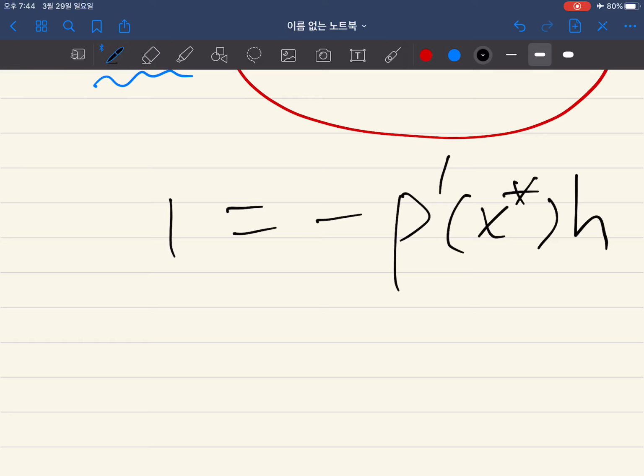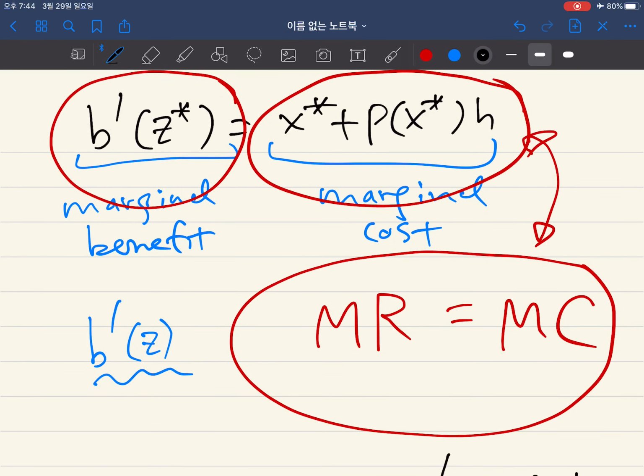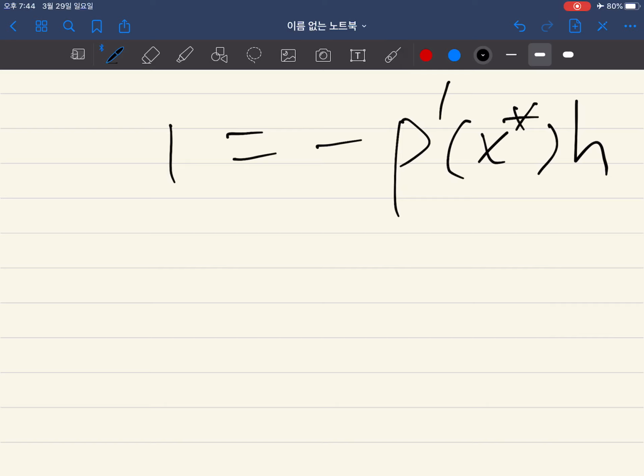What does this equation tell you? The interpretation is exactly the same as in this equation. This equation tells you how to find the optimal level of activity Z. Then this equation tells you how to find the optimal level of care X.